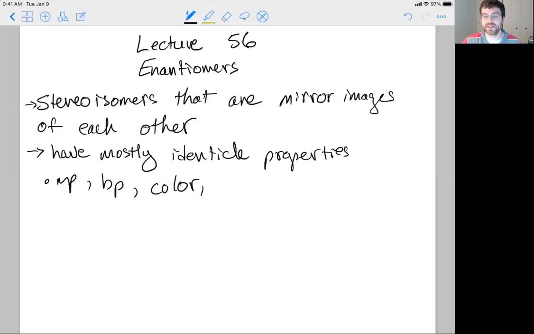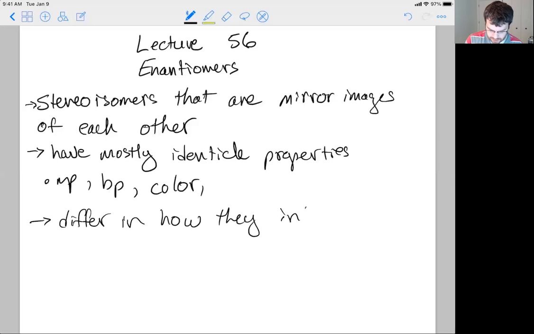Okay, so for the most part, these things have very similar properties, but they differ in how they interact with other chiral objects. And that's where we really want to make sure that we understand enantiomers in more detail.